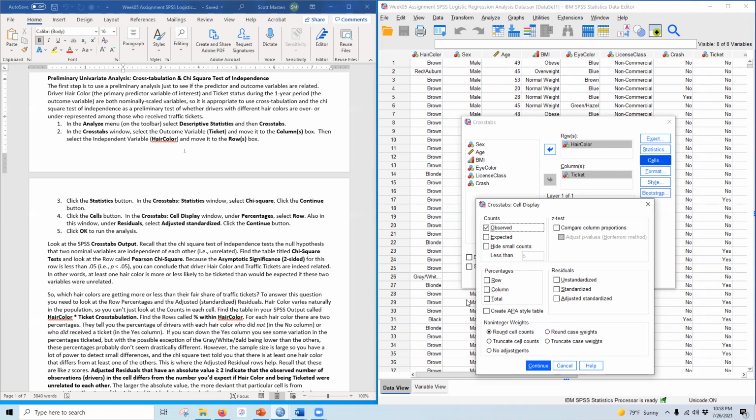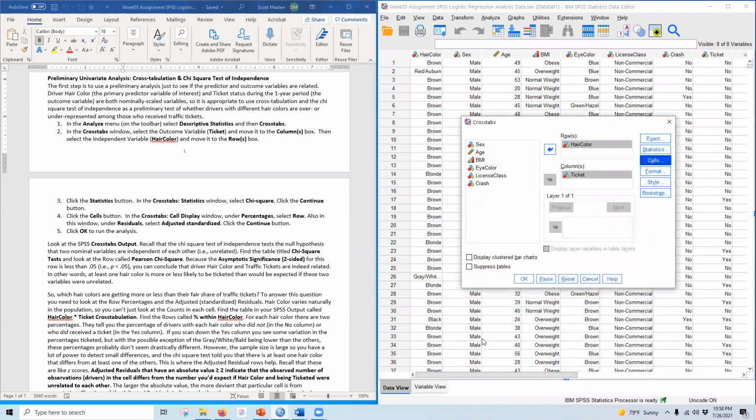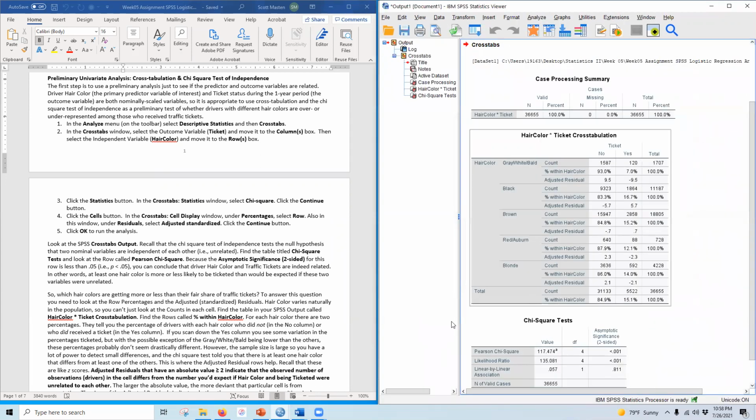Hair color is the row variable, so we need row percentages. We're also going to get adjusted standardized residuals. Those are like z-scores, where if they're 2 or bigger in absolute value, it tells you something funky is going on in that cell. Look here to see what's going on. Click continue and then OK, and we're running our chi-square.